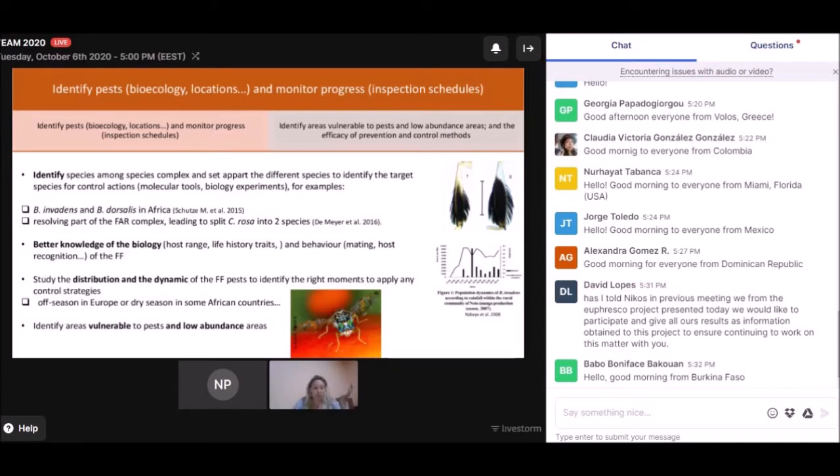So the bioecology is quite different between these two species, and before they were considered as one. For export it has big issues, but also for presence in the sites.